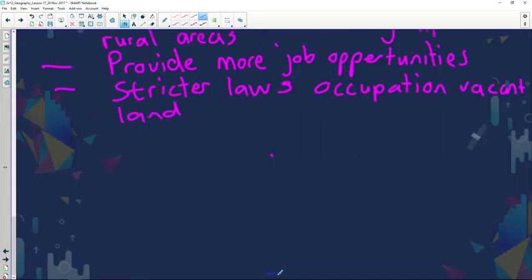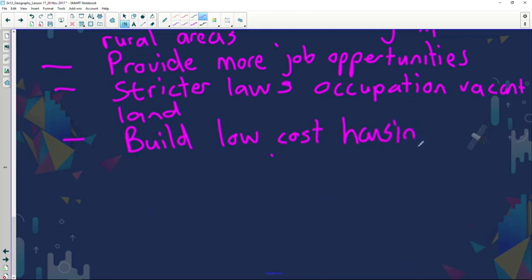Another one that we can have a look at is to build low-cost housing to accommodate the people.